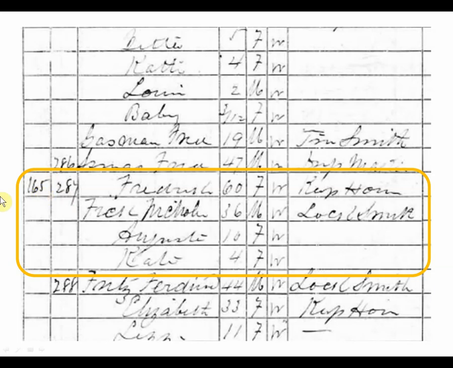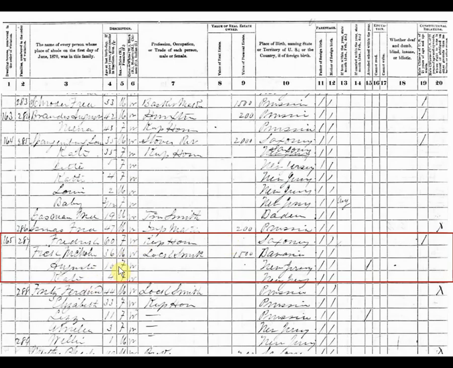But the odd thing is that family number 286 in the previous dwelling appears to be a head of household, and then the next person is keeping house. What has happened is this. The census enumerator makes a copy of the census that he uses when he goes on his house-to-house visit.